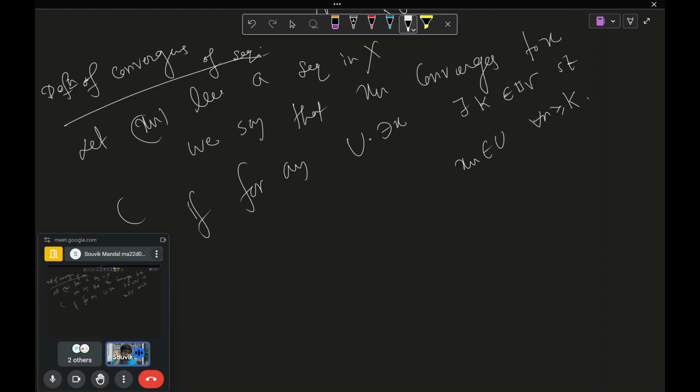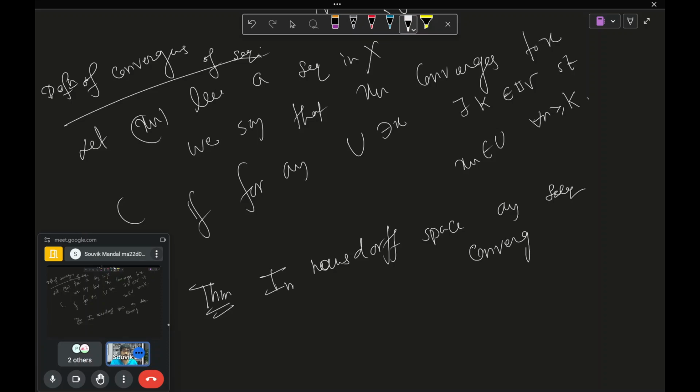So the theorem is that in a Hausdorff space, any sequence converges to at most one point.